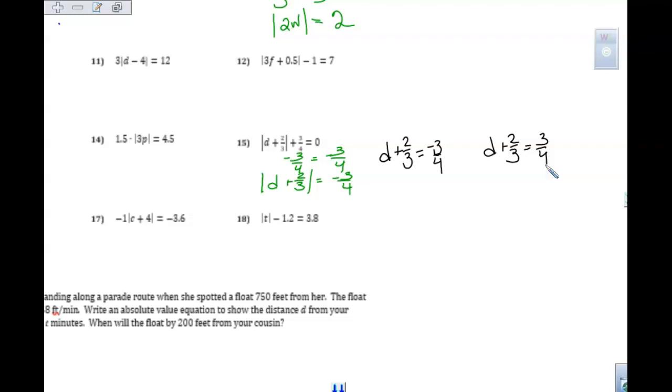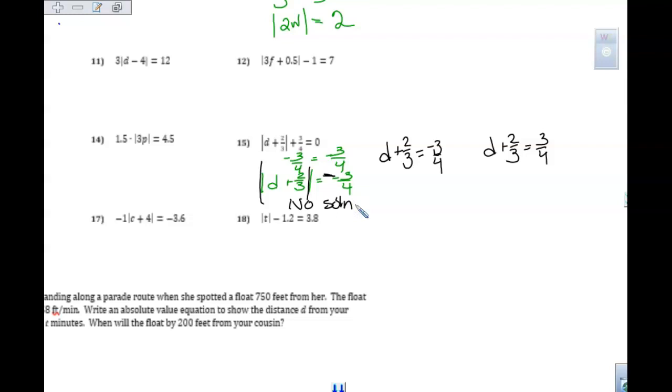And I always have people go, Mrs. Thompson, I checked the answer in the back, it says no solution, but I know I should have subtracted. No, this is negative, right? Anytime absolute value is totally by itself, nothing else, equals a negative, no solution. Be careful for that on this assignment, okay?